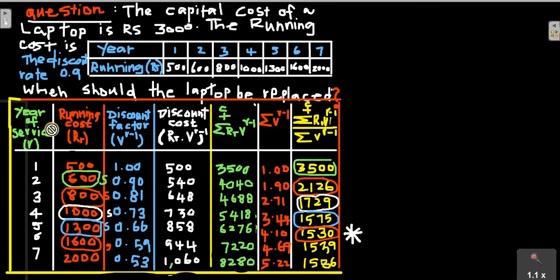Now look at this. First we have to write the number of years: first year, second year, third year, fourth year, fifth year, sixth year, and seventh year.